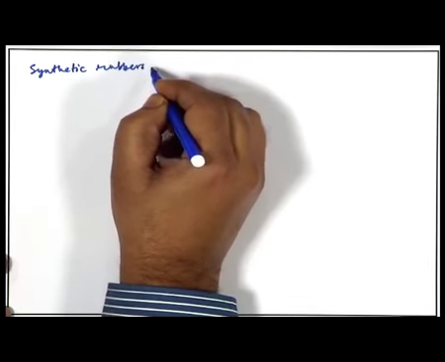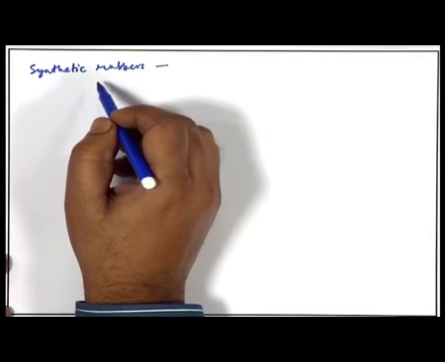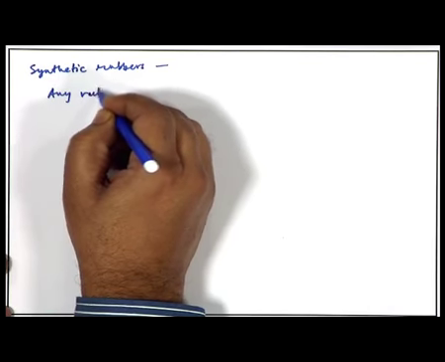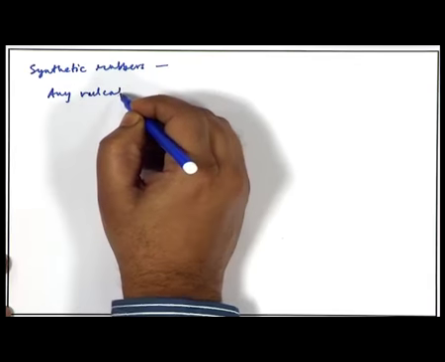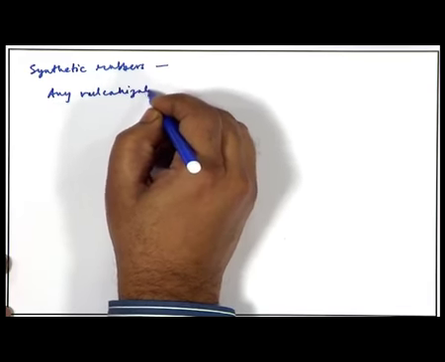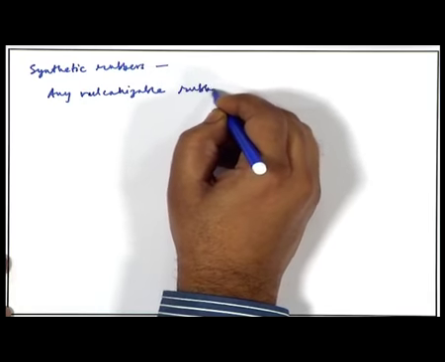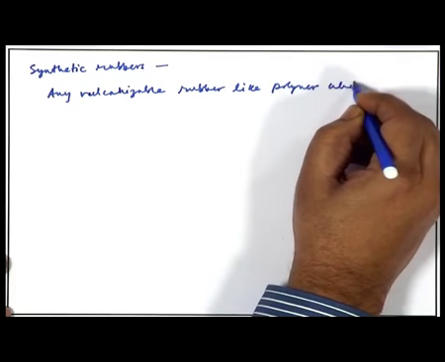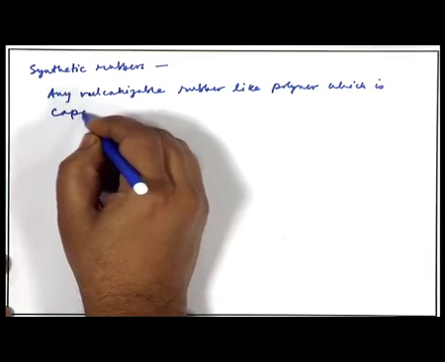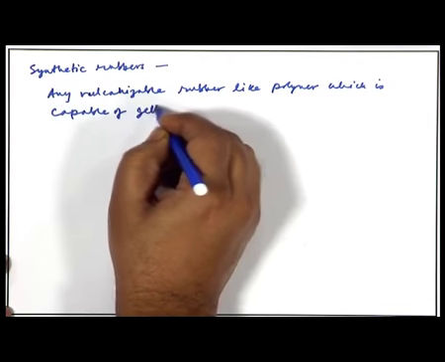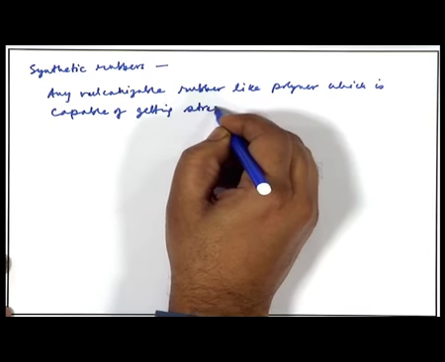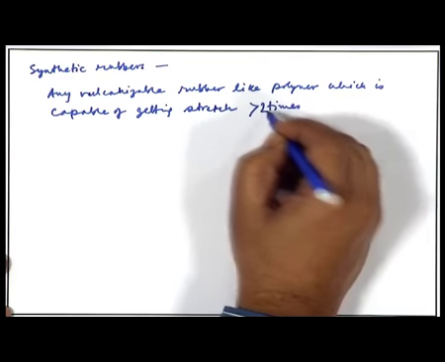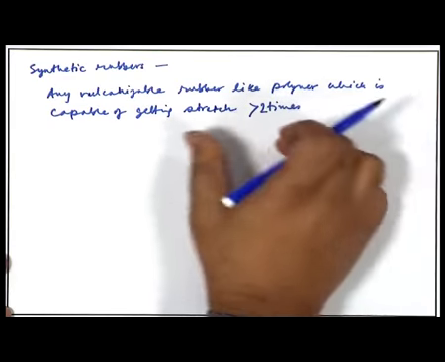So, synthetic rubbers are basically any vulcanizable rubber-like polymer which is capable of getting stretched at least two times its original length, and this stretching is reversible.